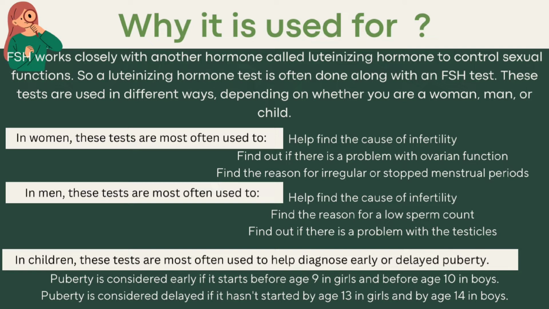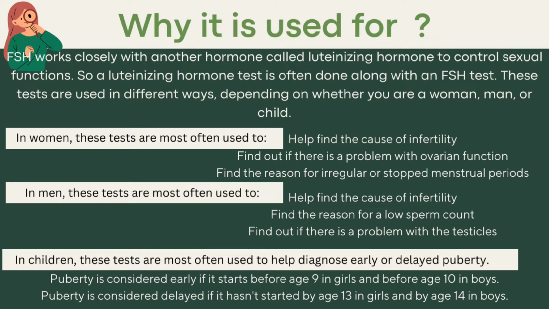In men, these tests are most often used to help find the cause of infertility, as well as find the reason for low sperm count, and find out if there is a problem with the testicles. In children, these tests are most often used to help diagnose early or delayed puberty.